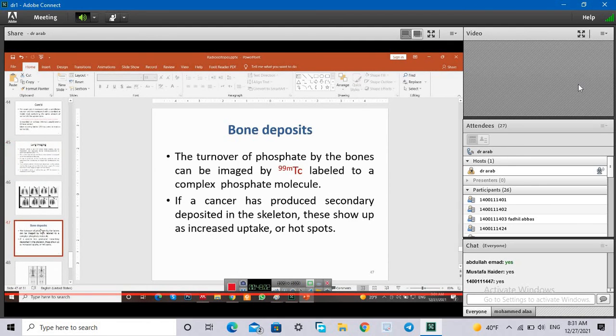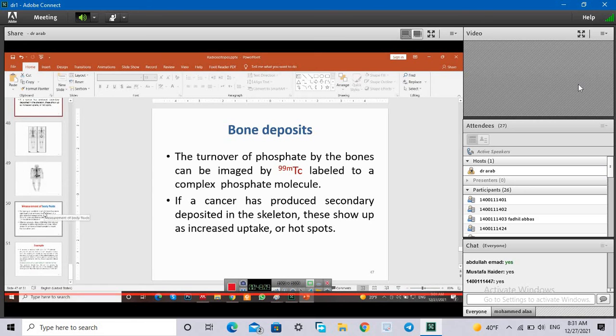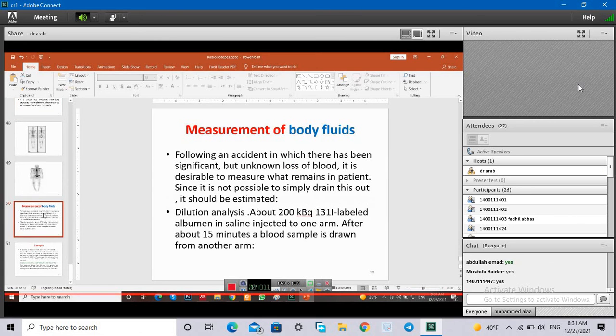And the other organ that we can study is bone deposits. Also with nuclear medicine, we can measure body fluids, and we have a lot of other organ study applications.